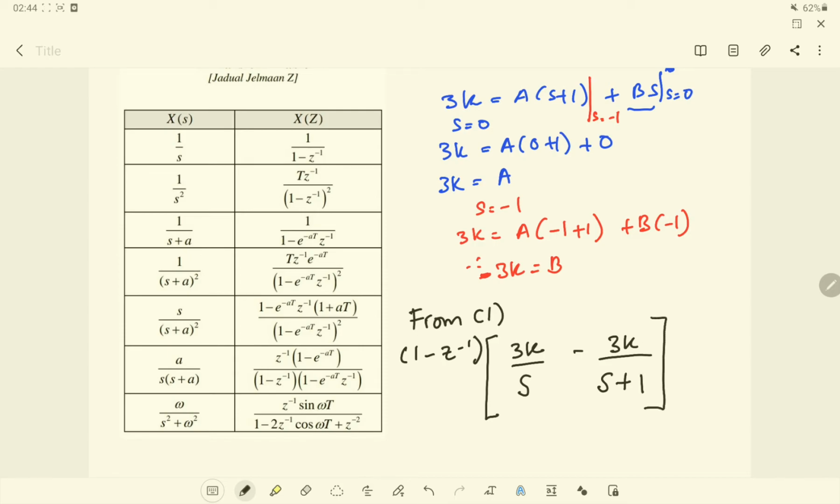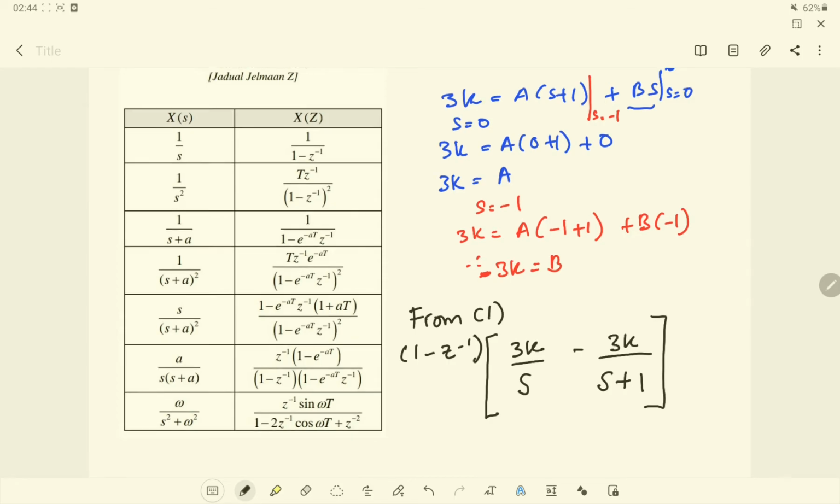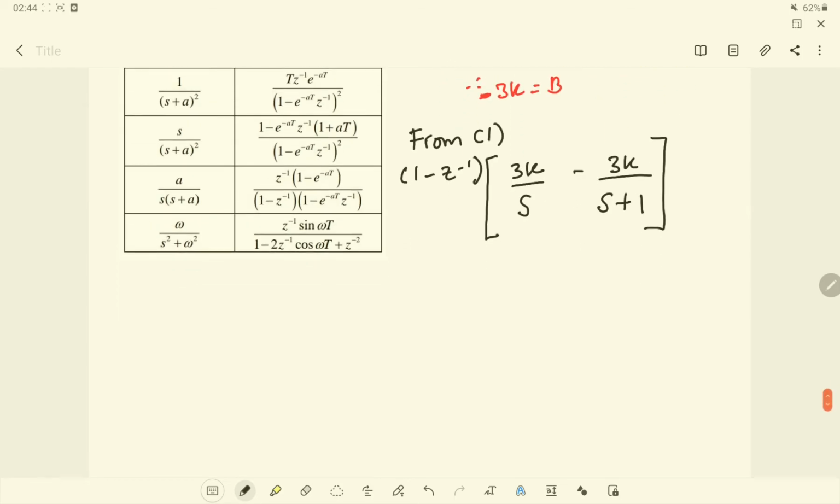This is how we write it down, and then we rearrange the equation. We put 3k outside the bracket, so we get 3k (1 minus z inverse) times (1 over s minus 1 over s plus 1).